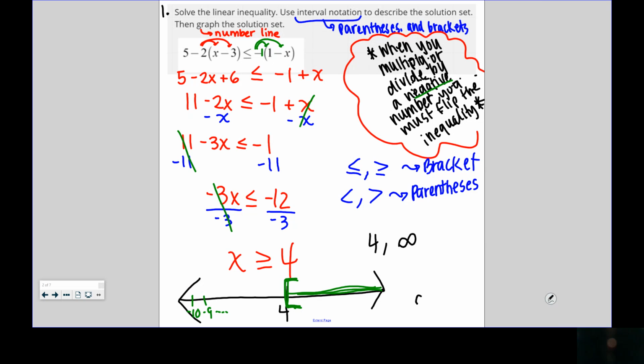So this is positive infinity out here. What's over here? Negative infinity. All right, so it's 4 to infinity. Now we got to decide parentheses or brackets. We already decided right here that a bracket should go around 4. You always, always, always put parentheses around infinity.